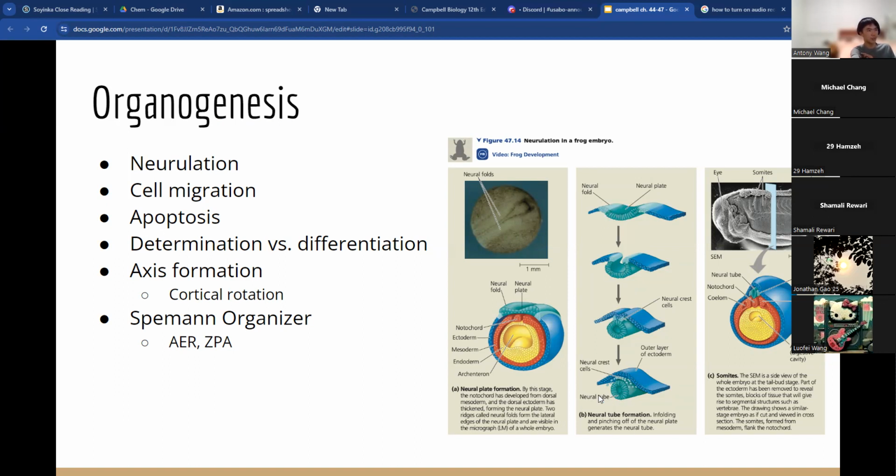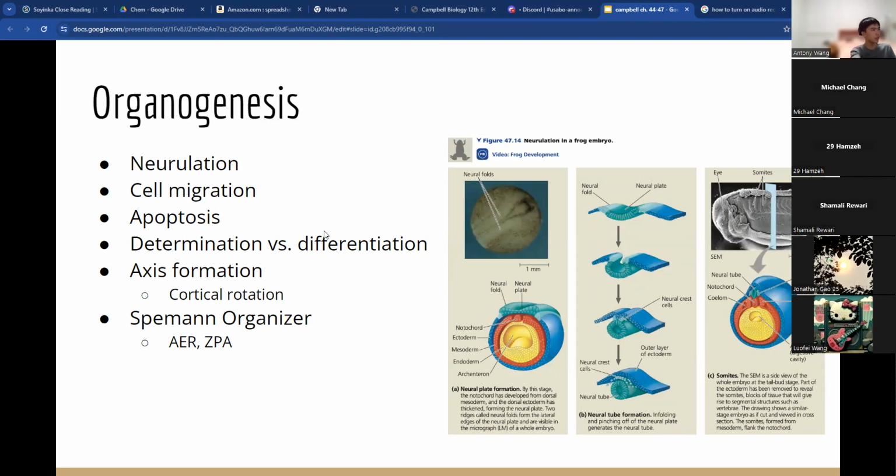The neural tube becomes the spinal cord. Cell migration: cells in embryos actually move around by changing their shape. Apoptosis: for example, our fingers in utero are webbed, and apoptosis kills the cells that make up the webbing so that our fingers look the way they are.